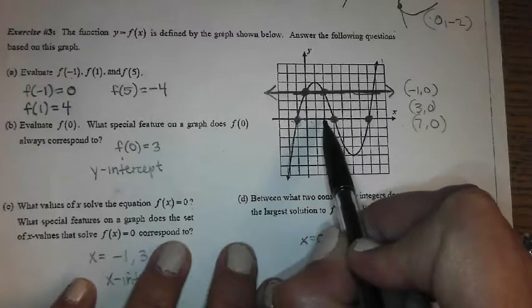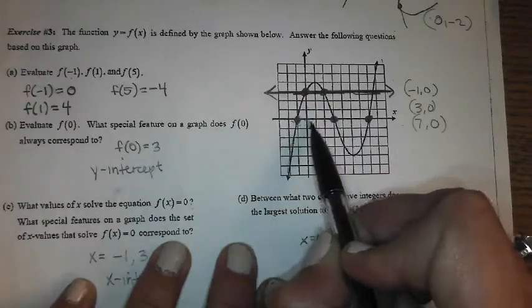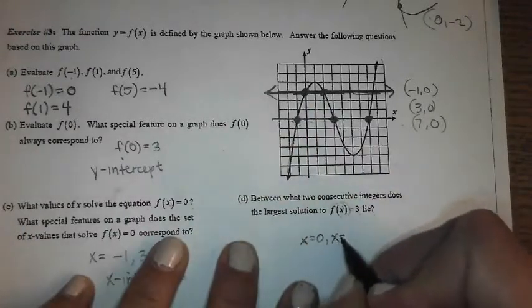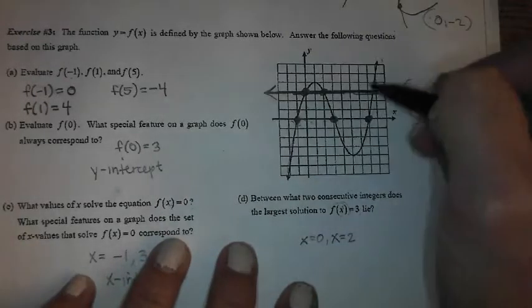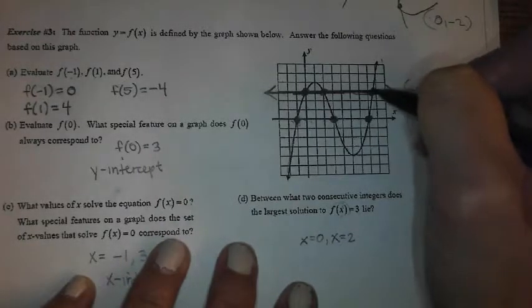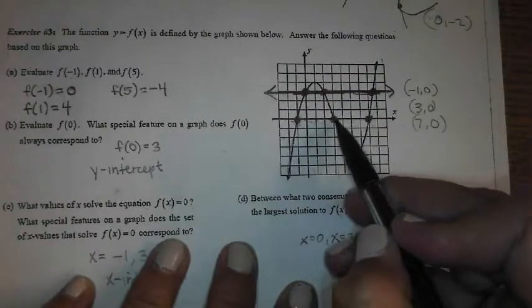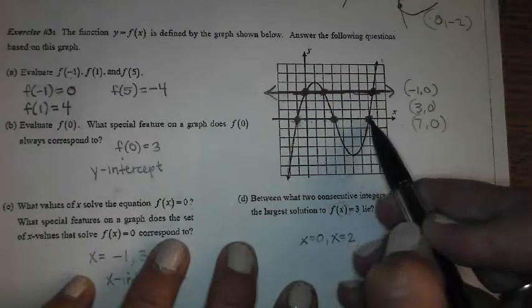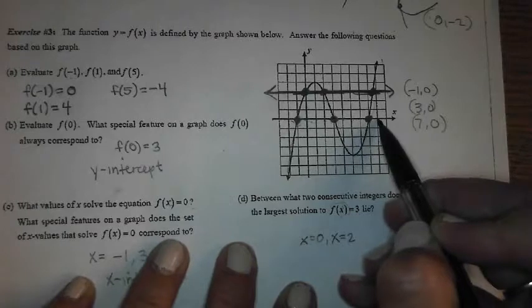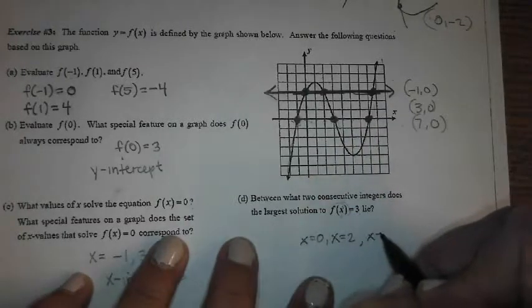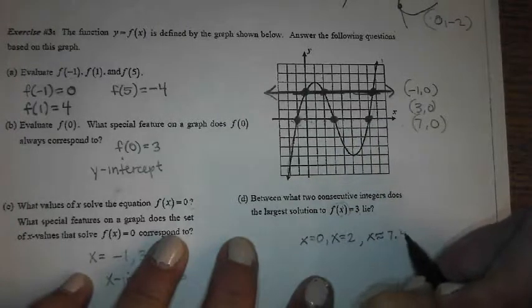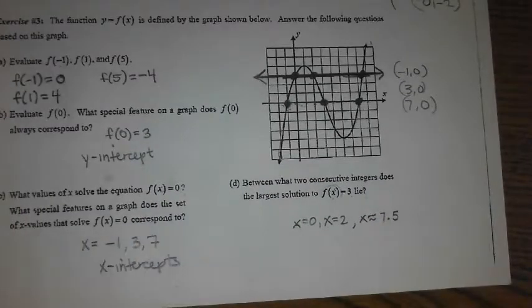We have blank, 3, 2. So that's x equals 2. And we have something here, 1, 2, 3, 4, 5, 6, 7, somewhere between 7 and 8, we'll say approximately 7.5. So there are 3 solutions to this.